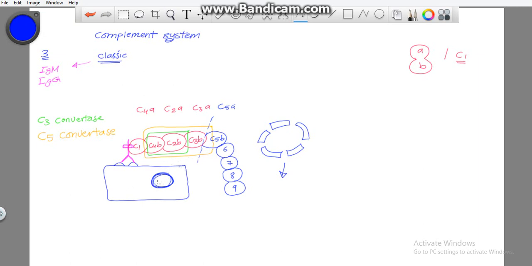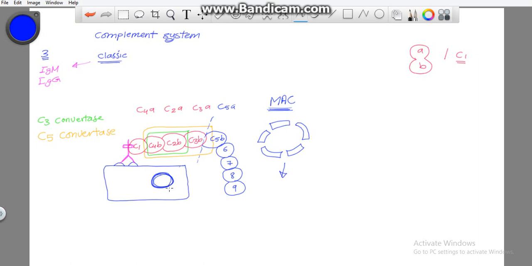So basically the cell dies. And this is called the membrane attack complex. Now, as we mentioned, there is no lytic enzymatic activity here. They just disrupt the physical barriers of the membrane.